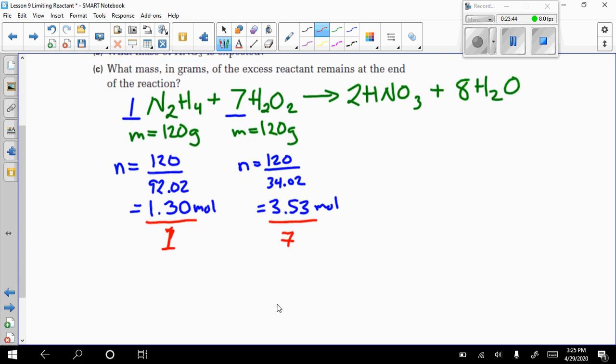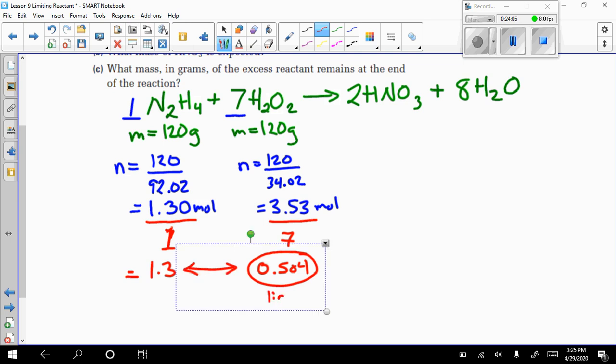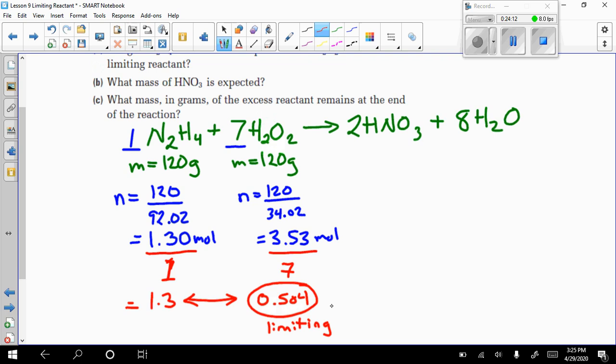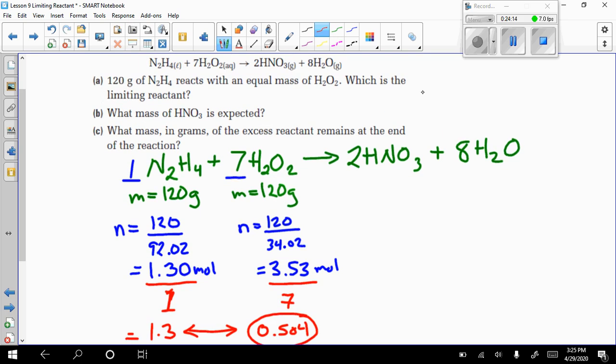And when we do that, we get obviously 1.3 here, but 3.53 divided by 7 is 0.504. So clearly, this is the lower of the two numbers. So therefore, the hydrogen peroxide is limiting. Okay. So we've answered part A, the H2O2 is limiting.